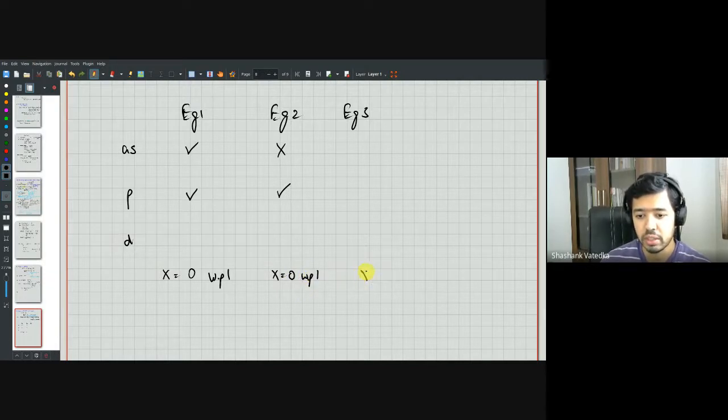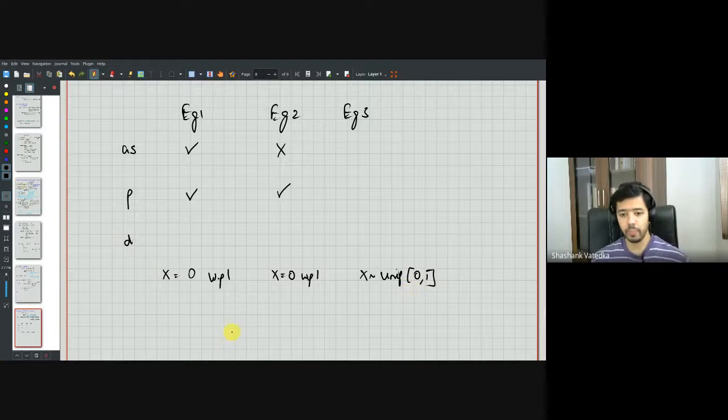Example 3, x is uniformly distributed over 0, 1. And you have to check whether the sequence of random variables given to you converges to the respective x almost surely, or in probability, or in distribution. Okay, so I'll leave this as homework.